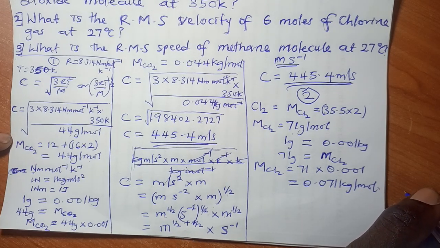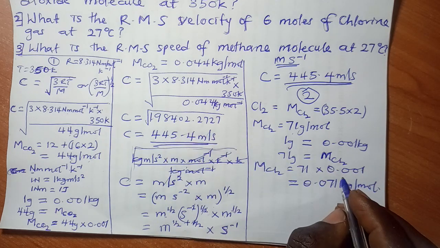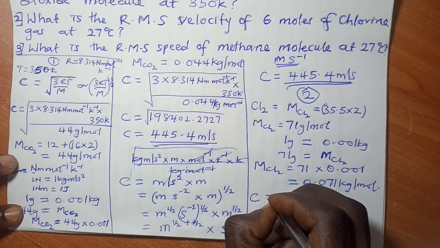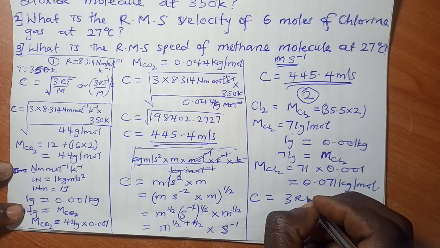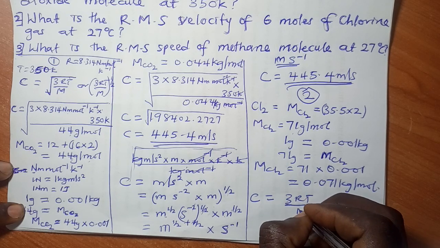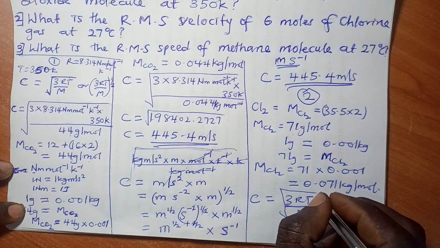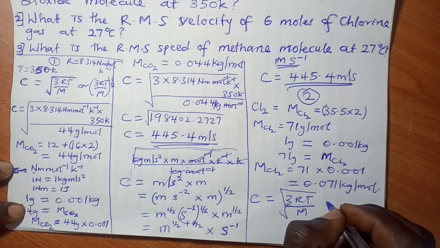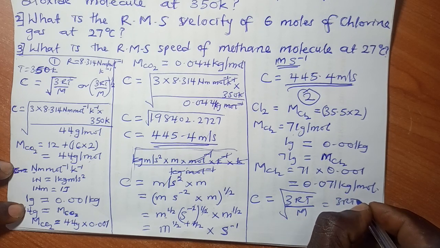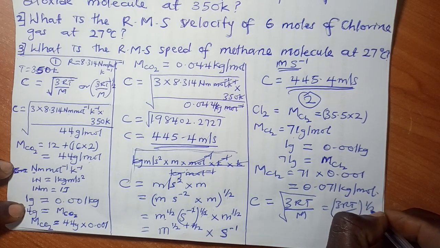Having gotten that, you can now put in your formula, which is C is equal to square root of 3RT over capital letter M, or you say 3RT over M, all raised to the power of half.